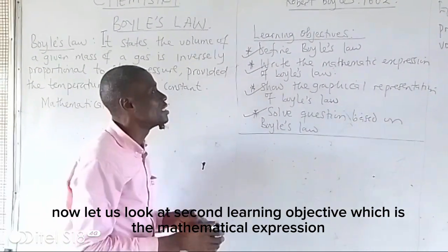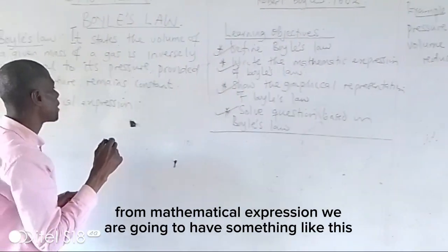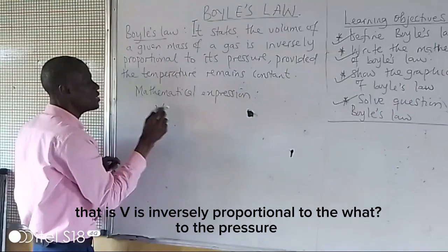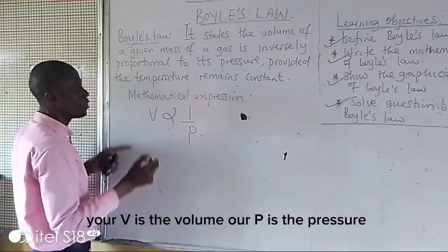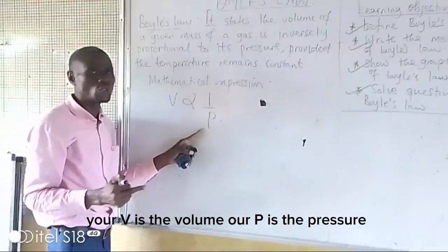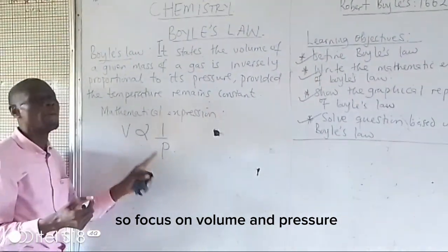Now let us look at the second objective, which is the mathematical expression. We are going to have V is inversely proportional to what? To the pressure. V is the volume, P is the pressure, where the temperature is kept constant. So we focus on volume and pressure.